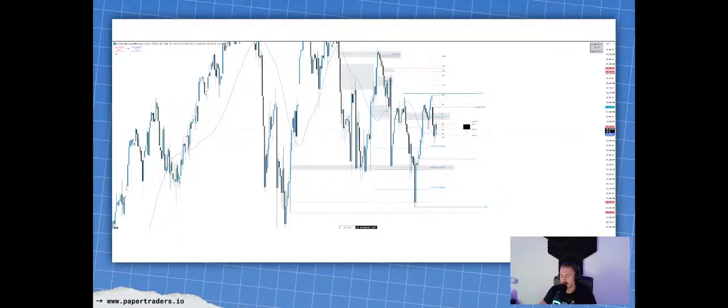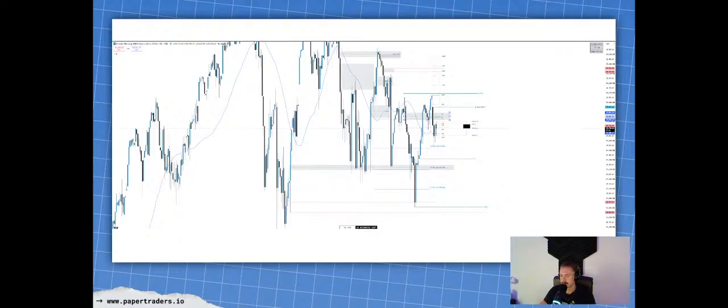On the 4 hour above, we have the FVG that we have been trading around. So we have this fair value gap that we're just trading around, which can provide a potential bounce here or projection around 29,895.50 to 29,819.25.